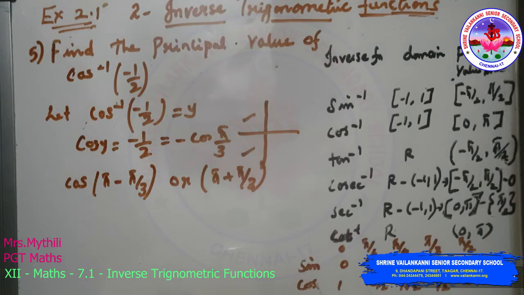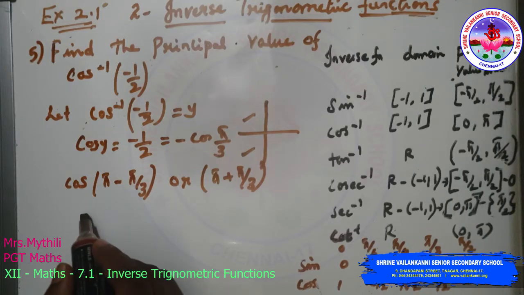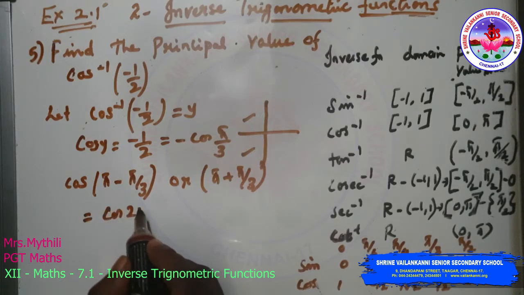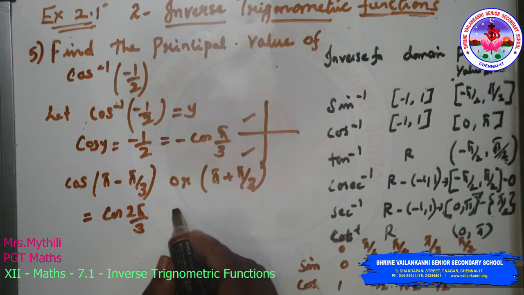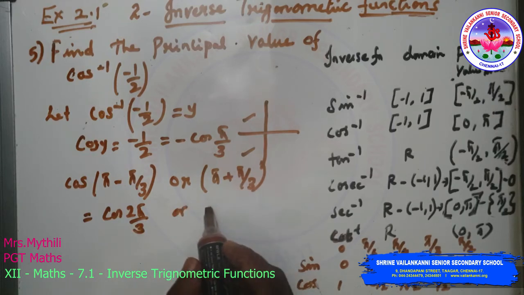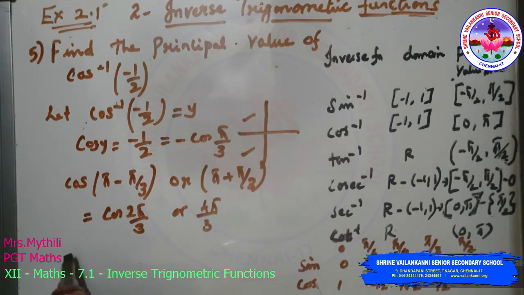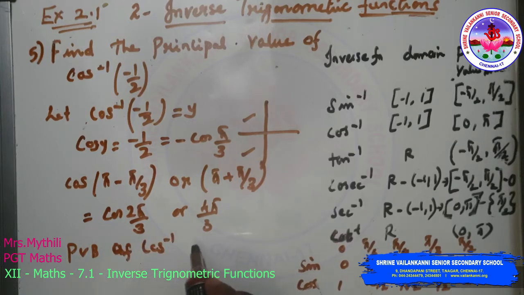We have to check whether it lies in the principal value branch. Pi minus pi by 3 is 2 pi by 3 and pi plus pi by 3 is 4 pi by 3. The principal value branch of cos inverse is 0 to pi.